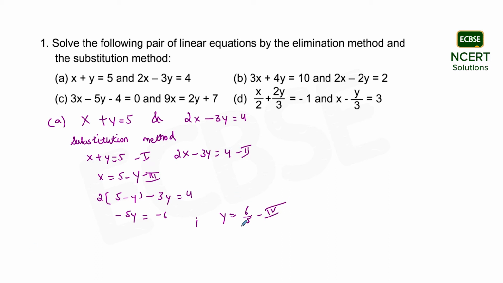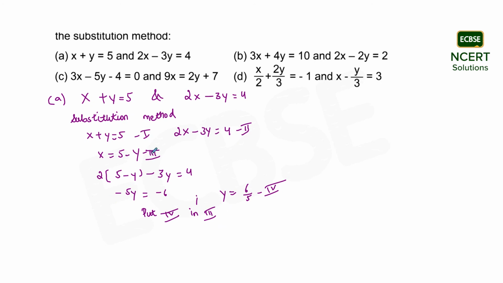Right. Now substitute this value of y in the third equation, that is, put fourth in third. So substituting the value of y in the third equation, it will be x is equal to 5 minus 6 by 5. On solving it, the answer will be 19 by 5.